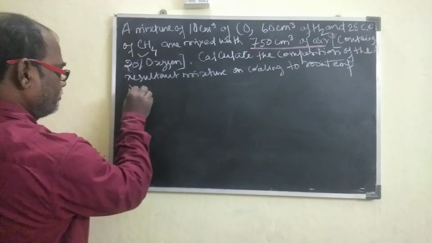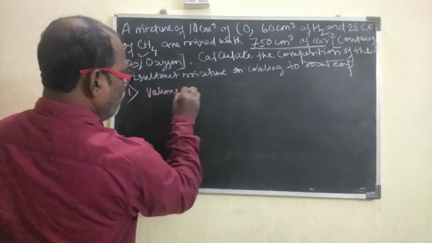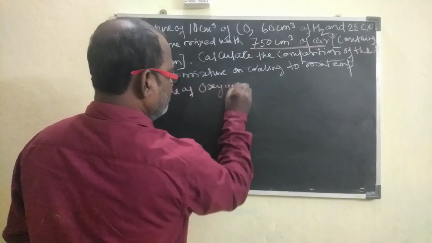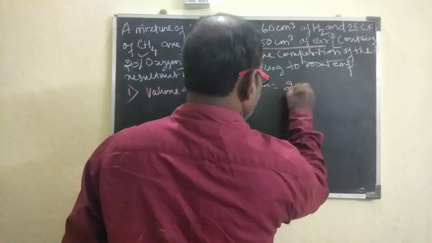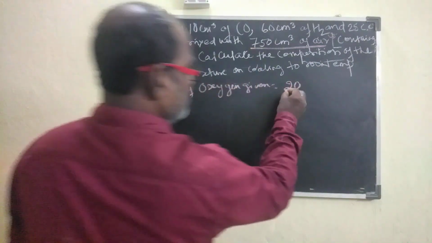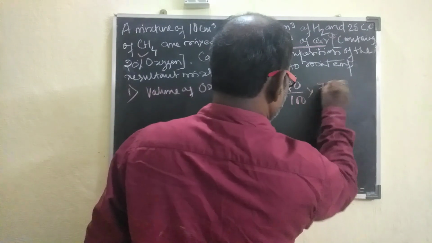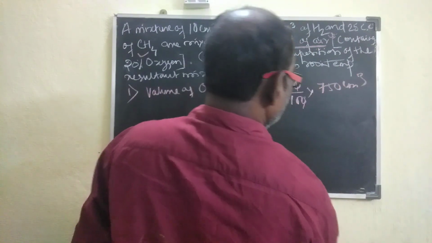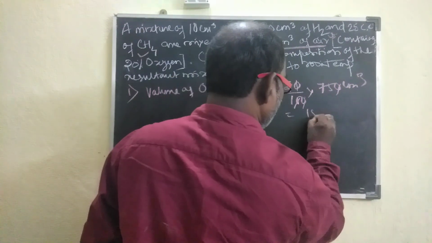Number 1, volume of oxygen given is equal to 20% of 750, which is 150 centimeter cube.